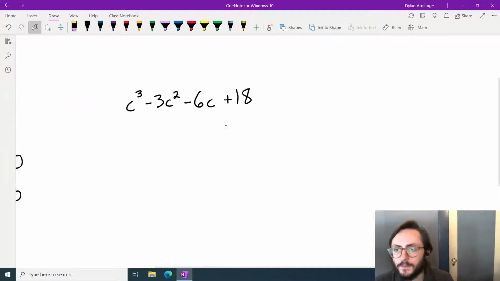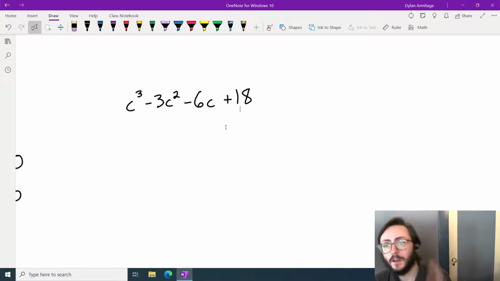Now for this, obviously there's no common factor between all of them. There's no c shared with all of them. There's no number shared with all of them. But what we can observe is that we can factor this by grouping.